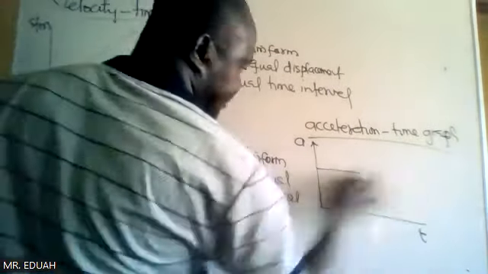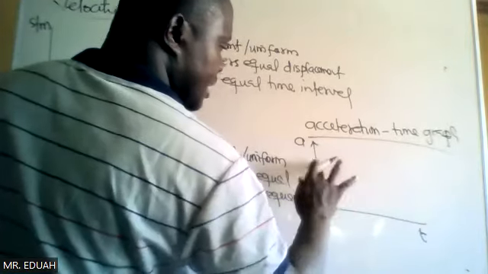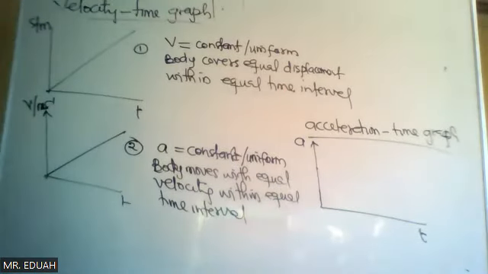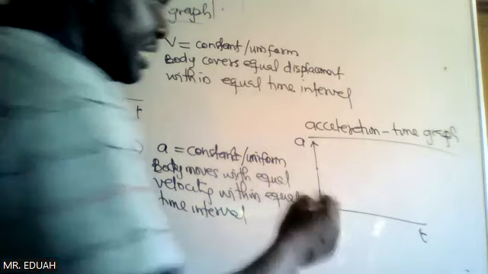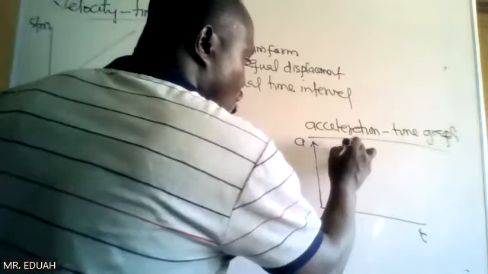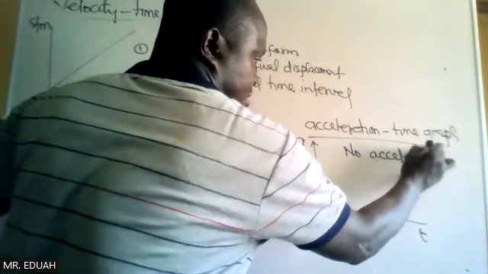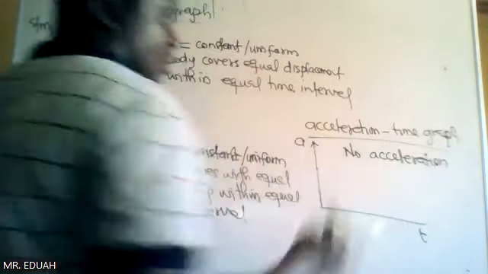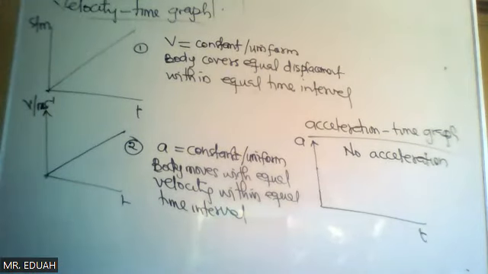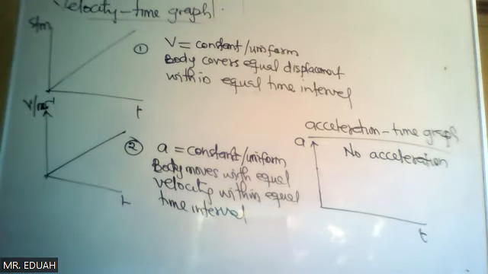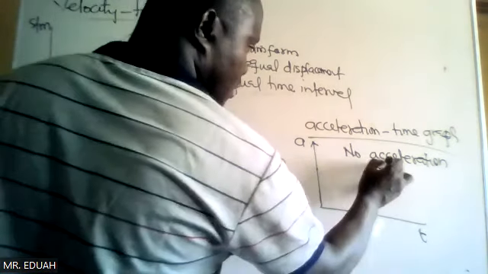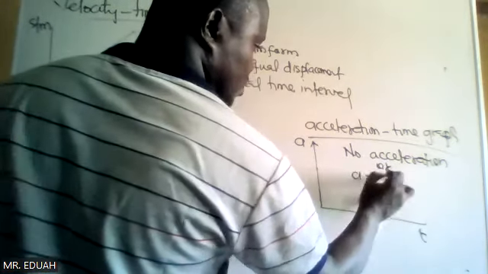Acceleration time graph. Okay, there are three. If you are given an acceleration time graph and you have this, it implies no acceleration. Acceleration is 0, or A is equal to 0.